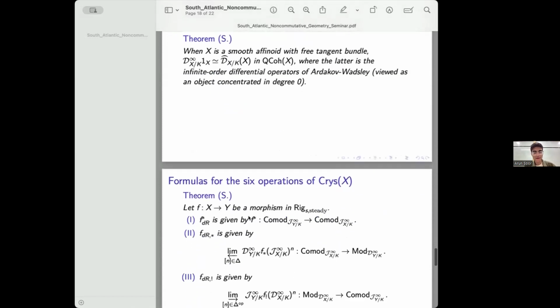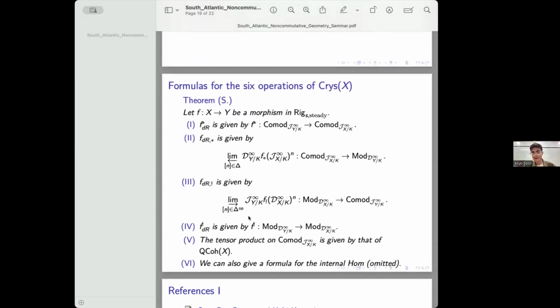And then the last thing I'll say is that this looks like some kind of complicated formulas, but using this description of QCoX as modules over the monad or comodules over the comonad, we can actually give somewhat explicit formulas for the six operations. So the F deRham upper star: the meaning of this is that F upper star of something in QCoX naturally carries the structure of something in here.